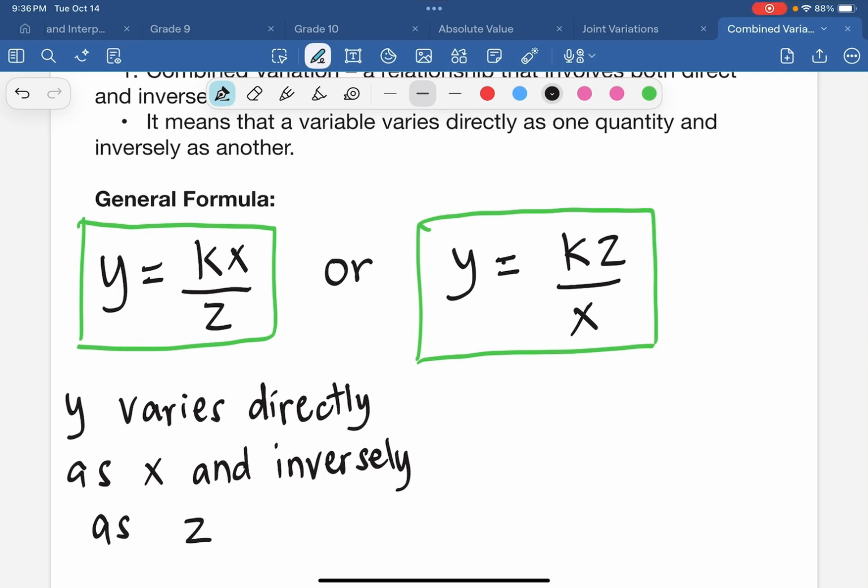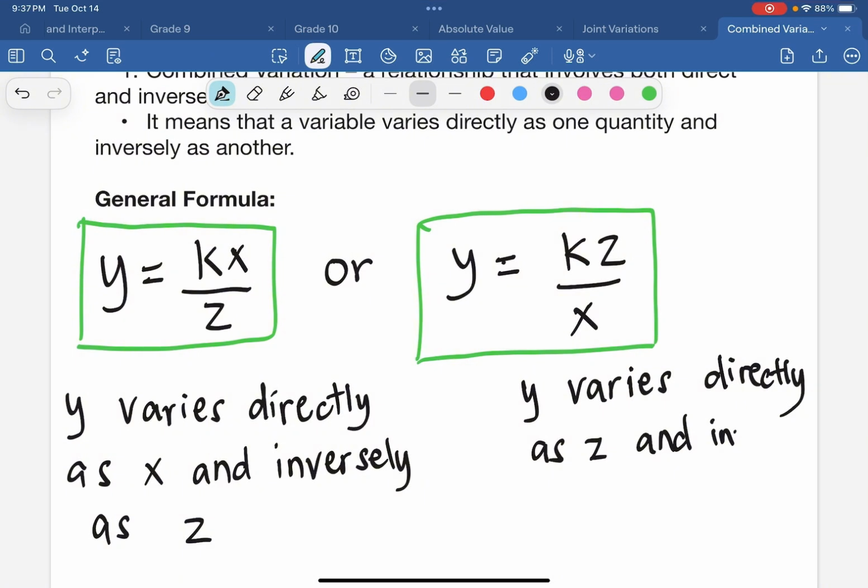And on the other side here, we have y varies directly as z and inversely as x.